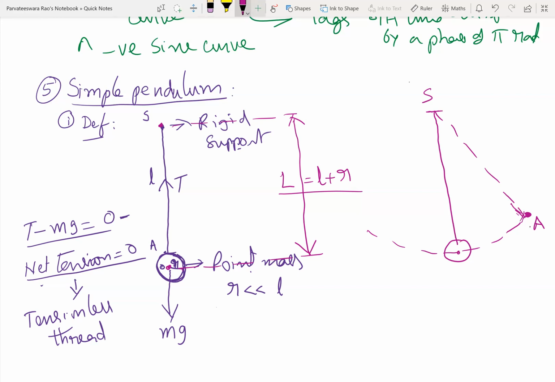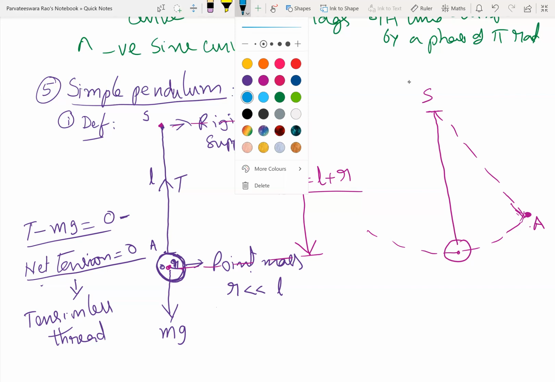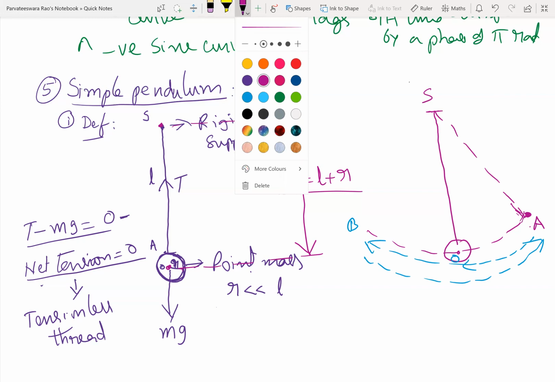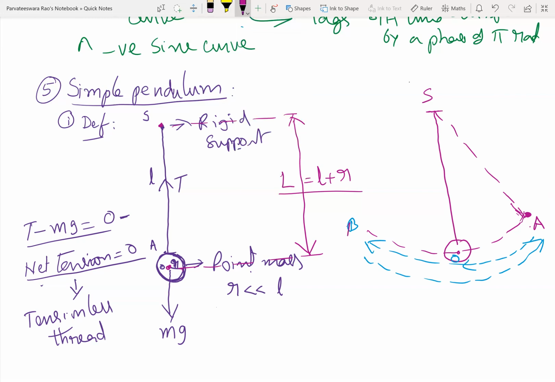It starts from A, then goes to B through O. This is the equilibrium position O. Through O, it goes up to the other extreme position B. Again, from B, it comes back to the point of start. Then we say that the pendulum has completed one full oscillation.